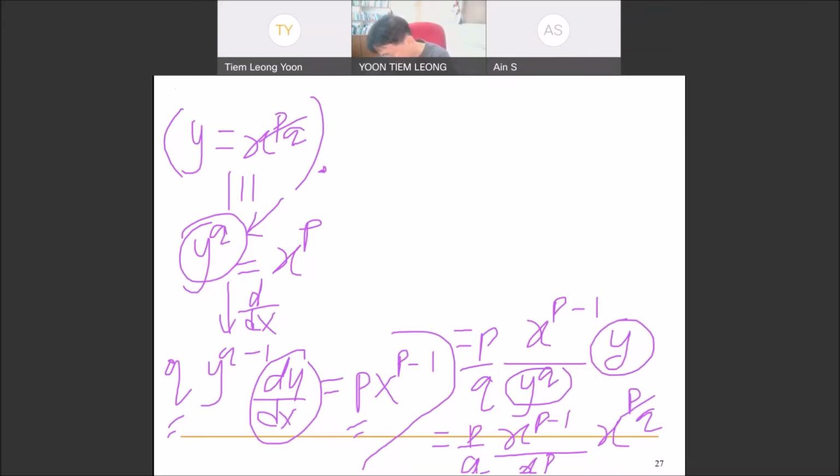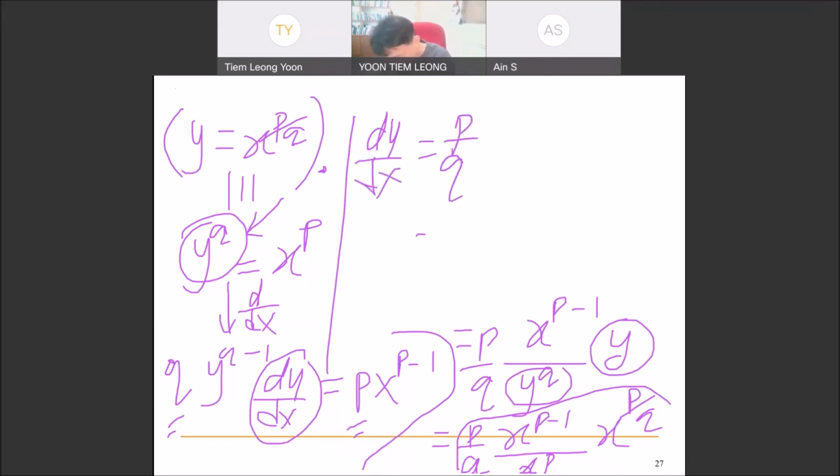I have the expression of dy/dx, which is just equal to p over q. So you have x to the power of p, which will cancel off with this one. So what is left is x to the power of minus 1, and then you have x to the power of p over q.